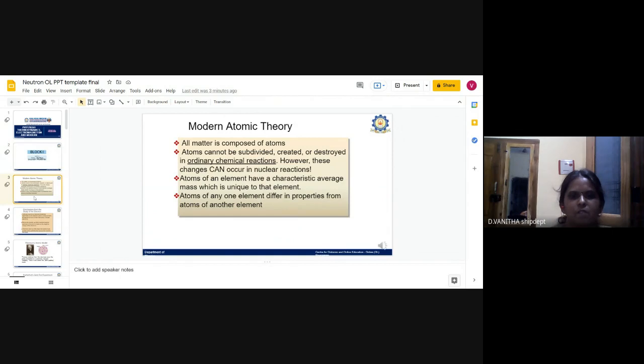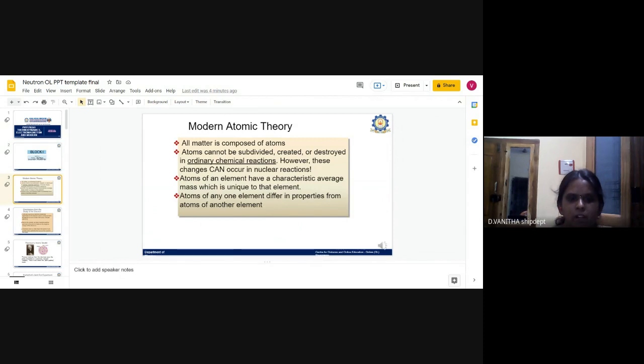First of all, we are going to see modern atomic theory. Here, we take matter as consisting of atoms. The atom cannot be created or destroyed, and it cannot be subdivided in ordinary chemical reactions. These changes, the creation and destruction of atoms, can occur in nuclear reactions only.